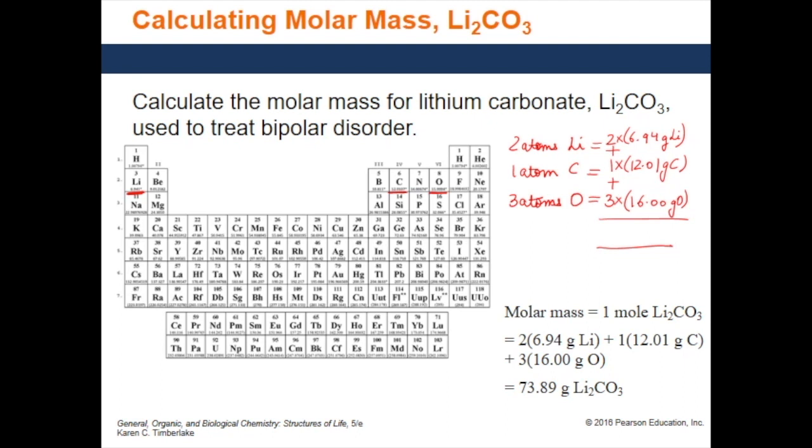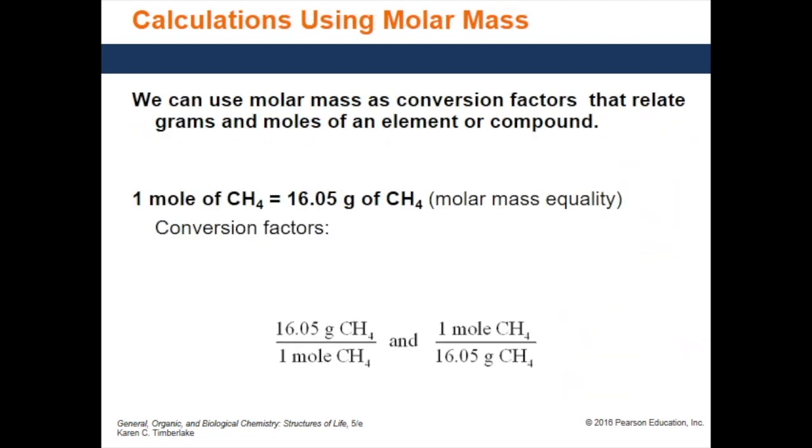Now remember, when you're plugging all of this into your calculator, just make sure you include the parentheses as well. If you do 2 times this, put a parentheses and then calculate. That would give you a final mass of 79 point something that you saw on that particular slide.